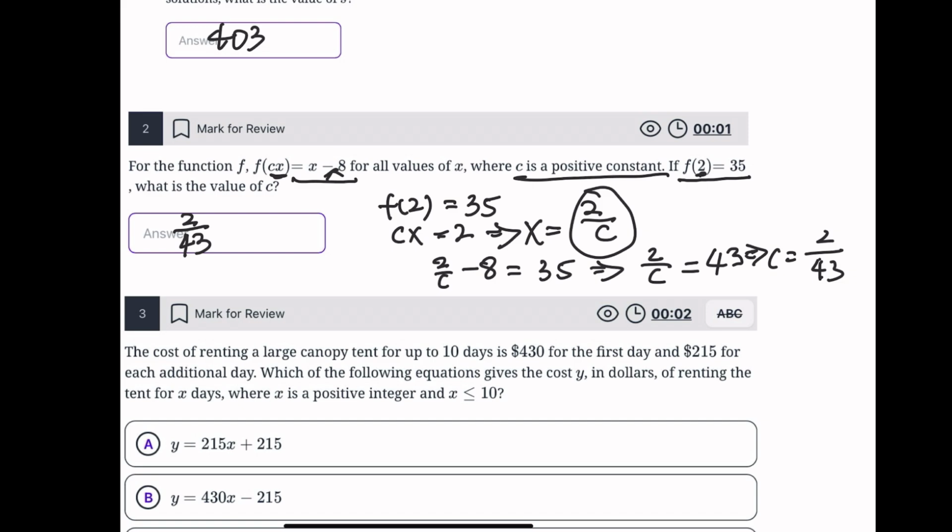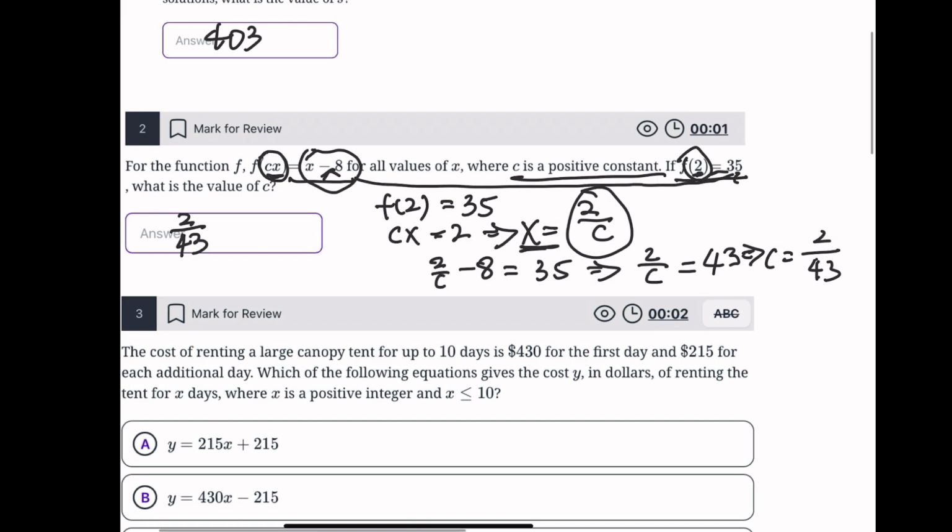The important thing for this question is to recognize that cx is equal to 2. You can solve for x, plug it into this equation right here, and equate these two expressions.